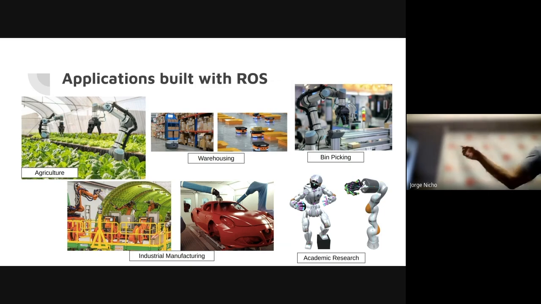The one on the bottom left is one that I actually participated in for a little while. It was a fastener insertion: they have robots inside the hull of an airplane, inserting fasteners for assembly purposes. There have been a lot of ROS applications for painting, car painting, and all kinds of academic research where ROS is heavily used because, like I said, it allows you to get going very quickly.